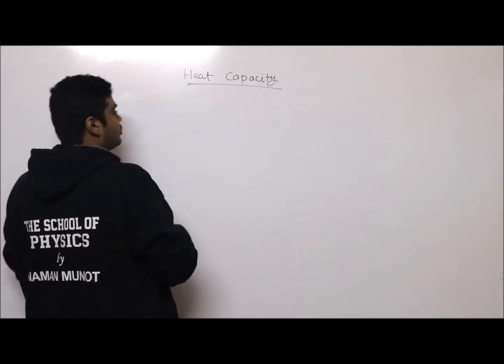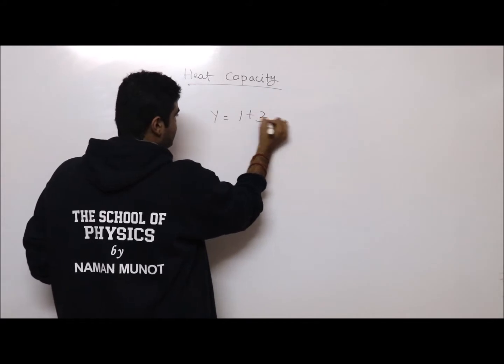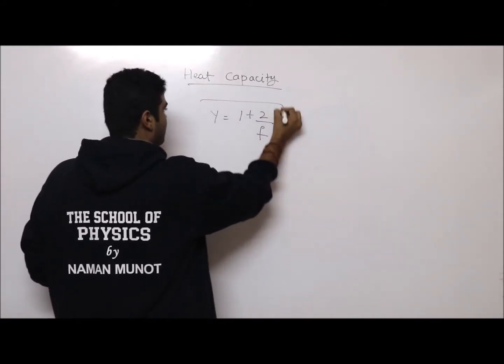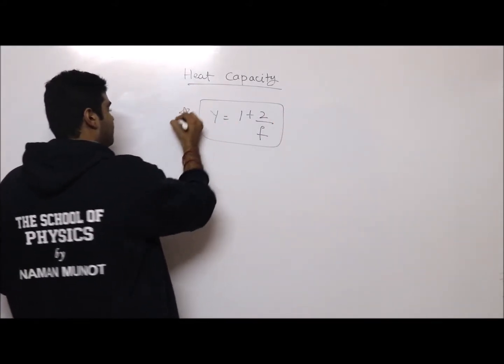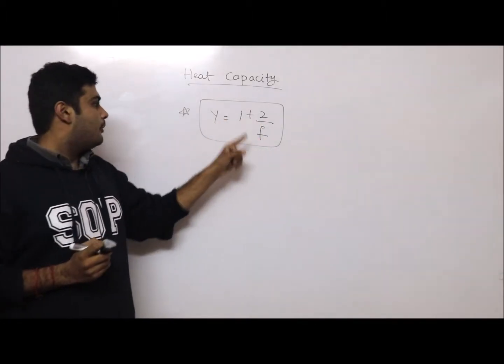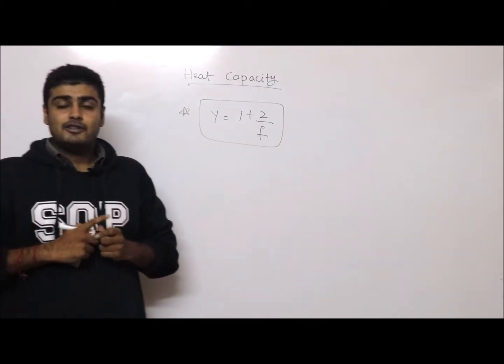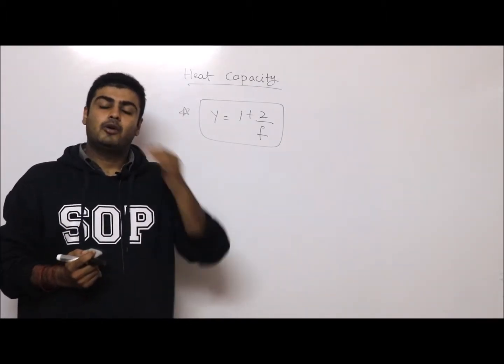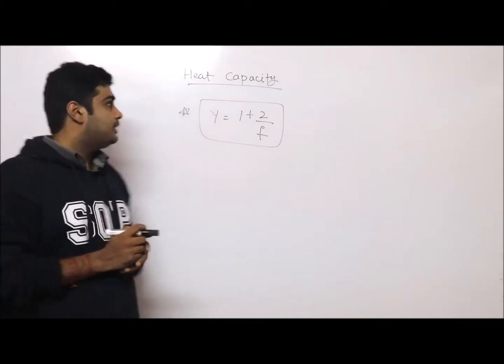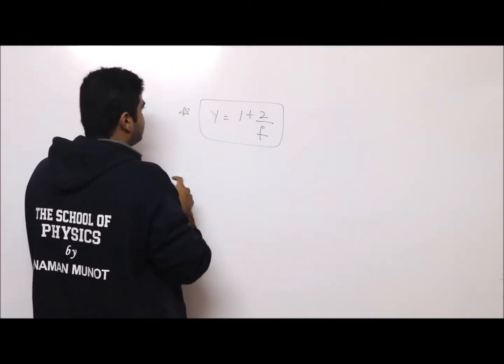This is a star formula and will be used a lot of times. It will give you direct answers. Gamma is equal to 1 plus 2 upon F, where F is the number of degrees of freedom.